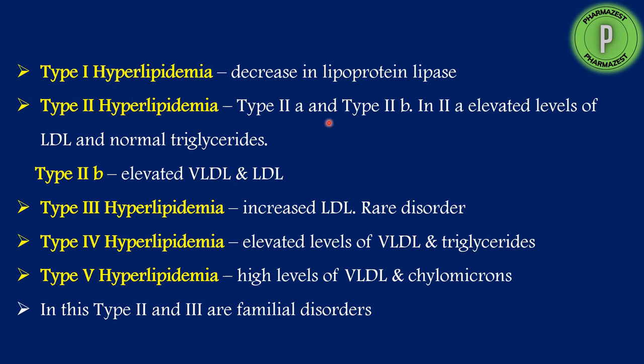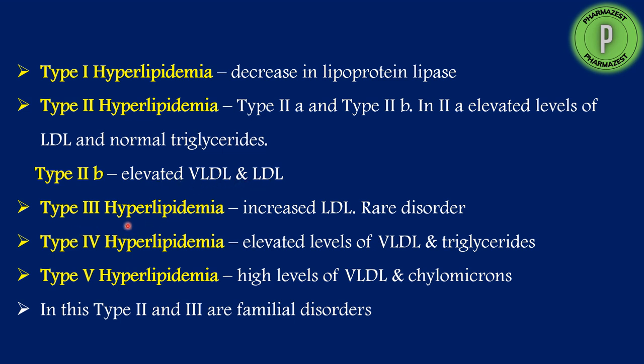In type 2 we have two types, 2A and 2B. In type 2A, the levels of LDL, the low density lipoproteins, increase, but the level of triglycerides is normal. Whereas in type 2B, both VLDL, very low density lipoproteins, and low density lipoproteins will be very high in the body.